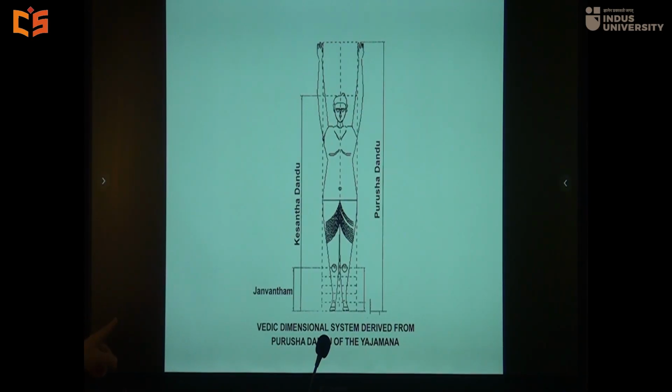But there is another danda which is based on Keshanta danda. Keshanta danda means up to the end of the hair, that is, up to the forehead. That is Keshanta danda. And these two were taken as measures. If you ask what is the spacing of the columns in the Vedic Shala, they will say it is Purusha Danda. Everything is based on that standard danda.